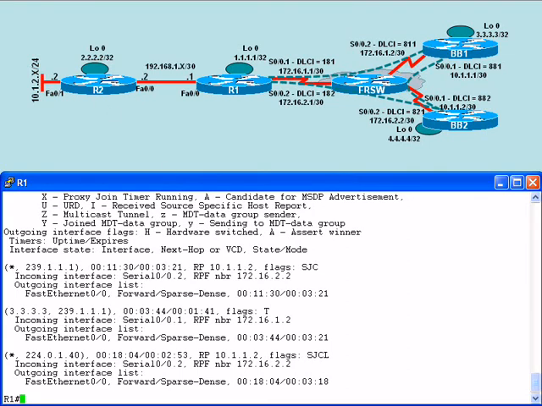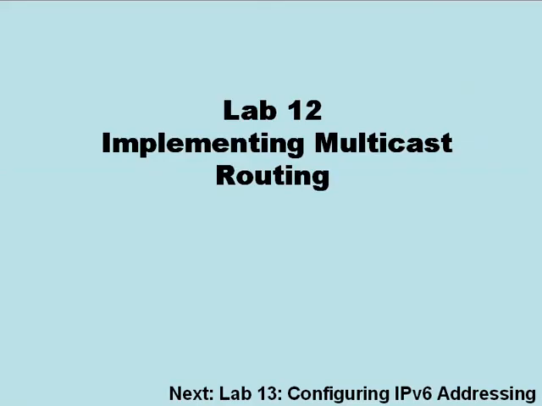Well, that's our configuration of IP multicast routing using both dense mode and sparse mode operation. In this lab, we demonstrated IP multicast, and we mentioned a couple of the major protocols used by IP multicast. IGMP, the Internet Group Management Protocol, used between the multicast receiver and the router.